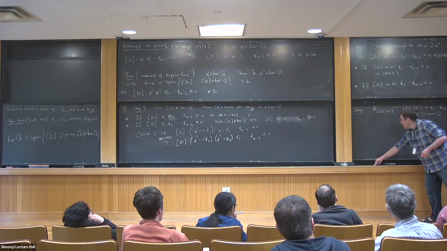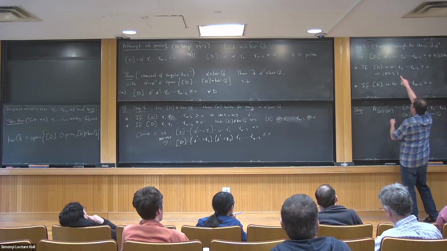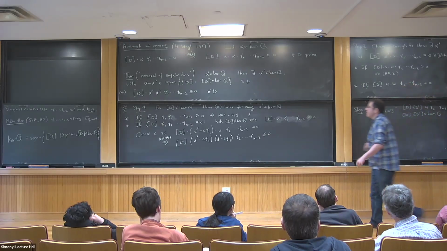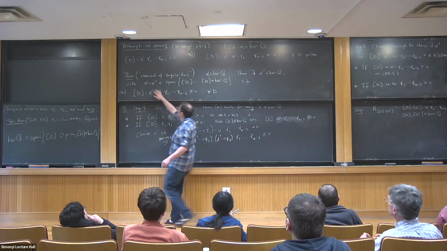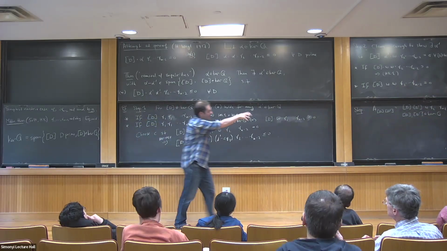So what do I want to show? Alpha prime is alpha plus something in the linear span of these.